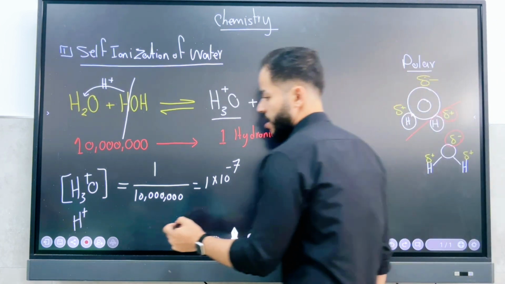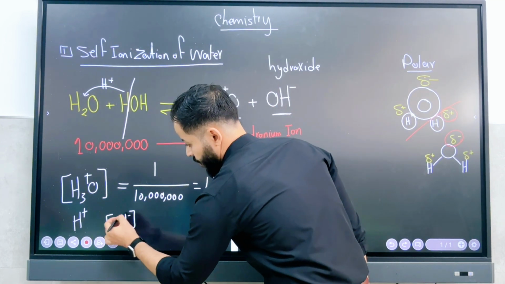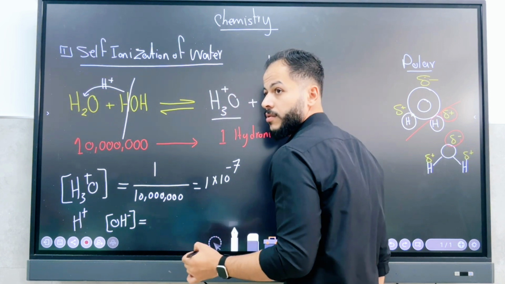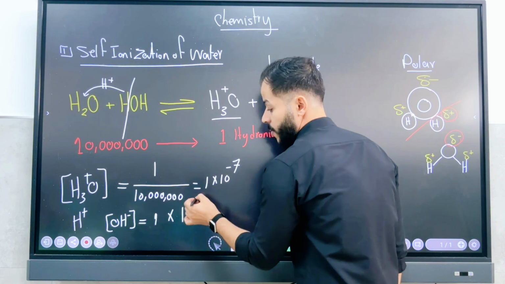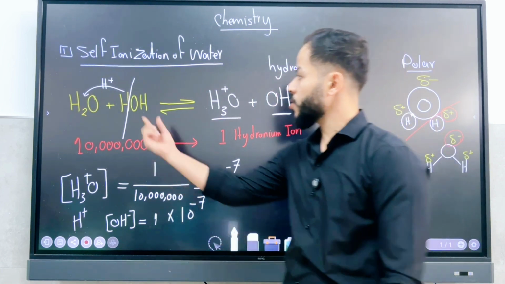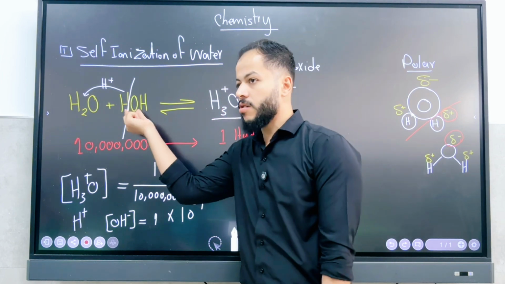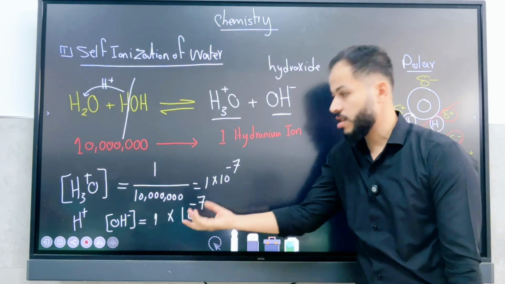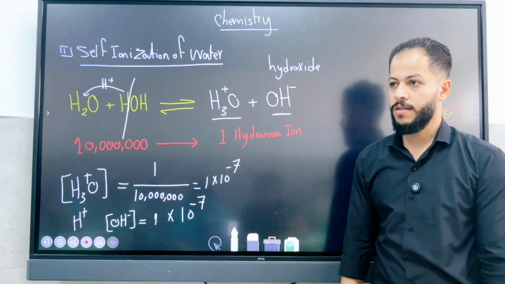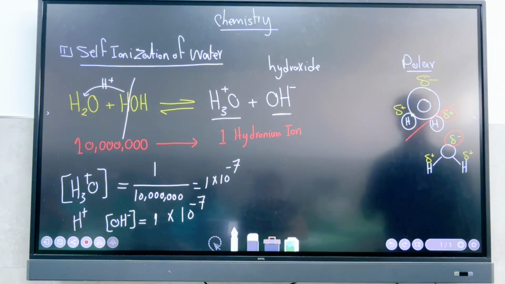So the concentration of the hydroxide ion, OH negative, will be equal to what, guys? 1 times 10 to the power negative 7. Why? Because when the water molecule separates to form a hydronium ion, the rest of the molecule is OH negative, also with the same concentration, 10 to the power negative 7. Okay? Easy so far? Any questions? Omar, any questions? Okay.